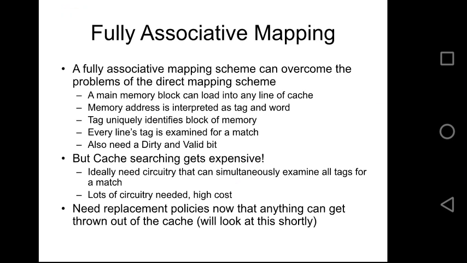Thrashing means the number of cache misses becomes high. So this is a problem. To overcome this problem of thrashing caused by direct mapping, there is an alternative technique called fully associative mapping.